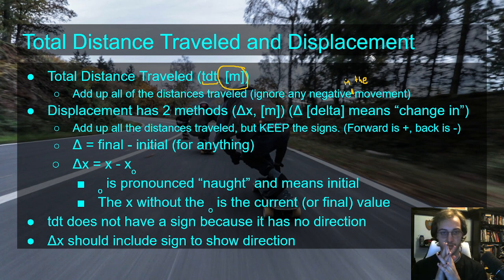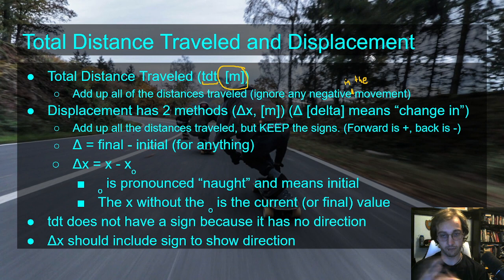But for now, x is just position, or in this case, because it's delta, and your displacement is the change in where you are from start to finish, delta x means change in position. Delta meaning change in, and that's going to come up a lot throughout the year.